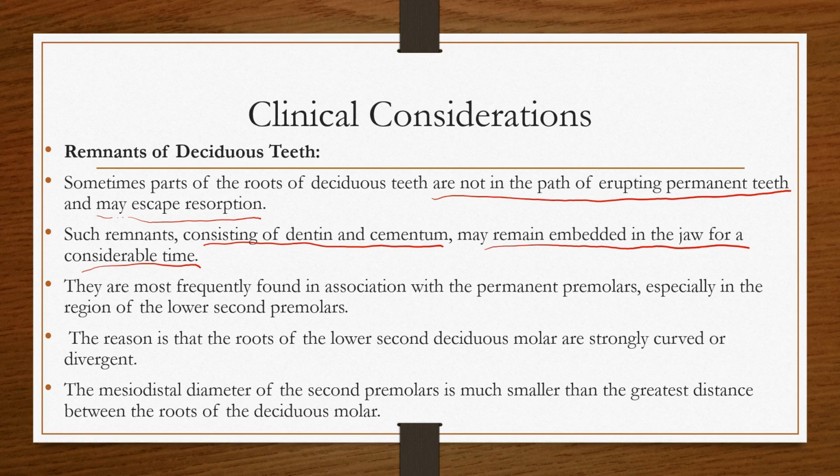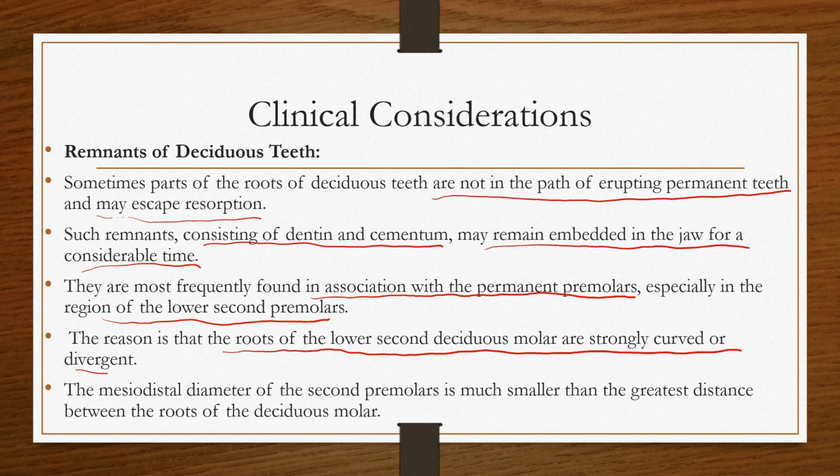They are most frequently found in association with the permanent premolars, especially in the region of the lower second premolars. The reason is that the roots of the lower second deciduous molar are strongly curved or divergent. The greatest mesiodistal diameter of the second premolar is much smaller than the greatest distance between the roots of the deciduous molar.